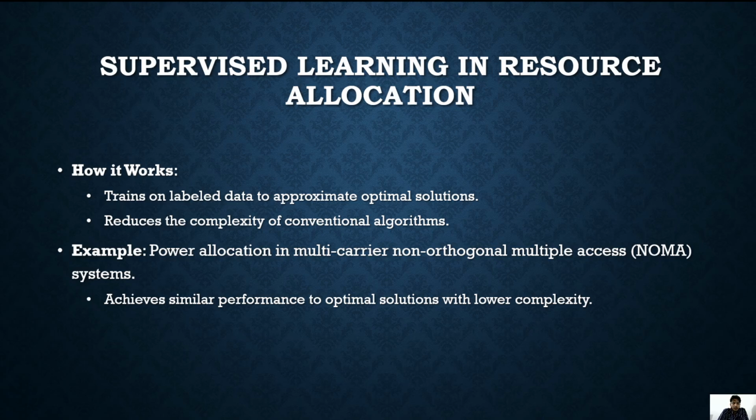Example, power allocation in multi-carrier non-orthogonal multiple access systems achieves similar performance to optimal solutions with lower complexity.